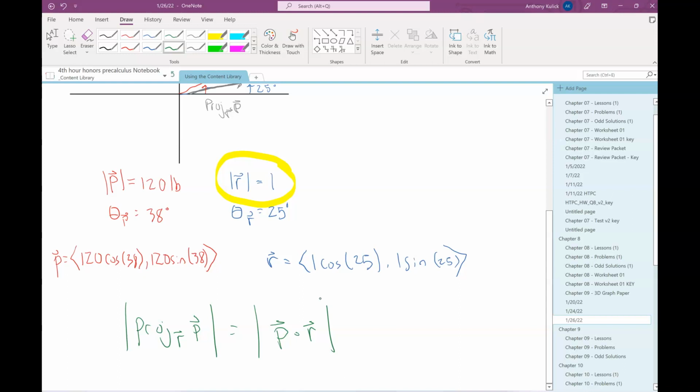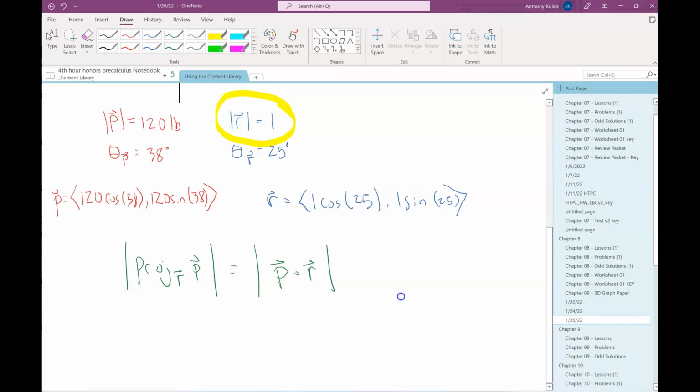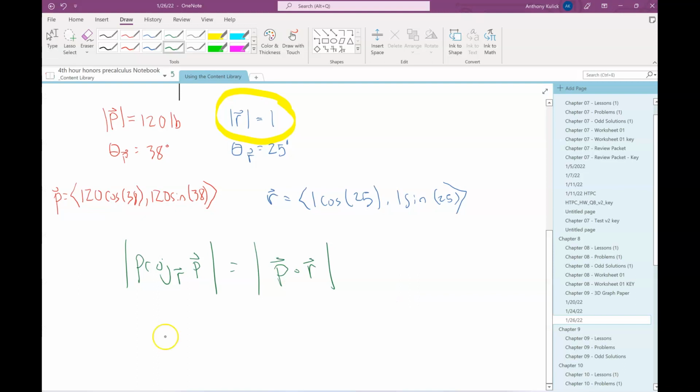That saves me a lot of work. So when I do that, I just get 120 cosine 38 times cosine 25 plus 120 sine 38 times sine 25.